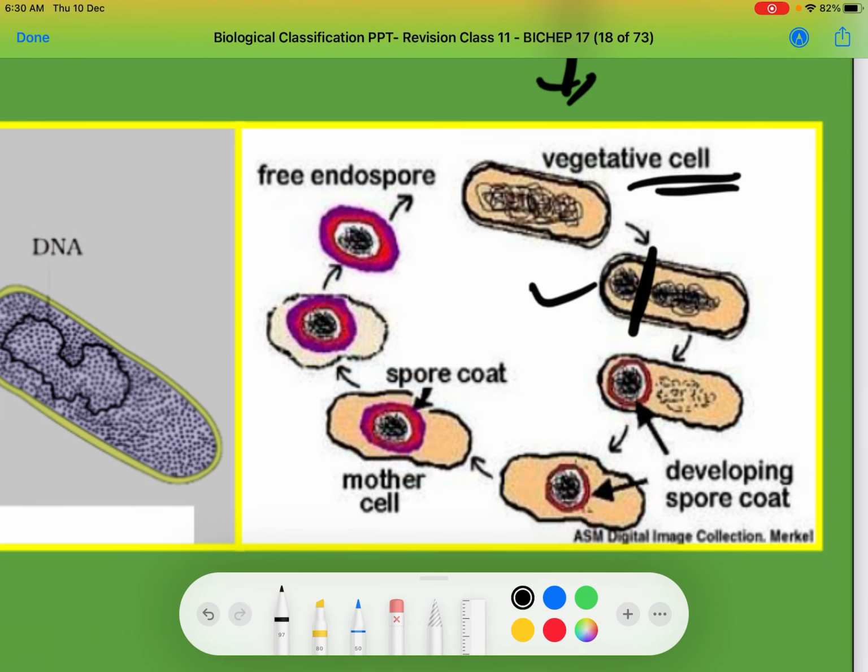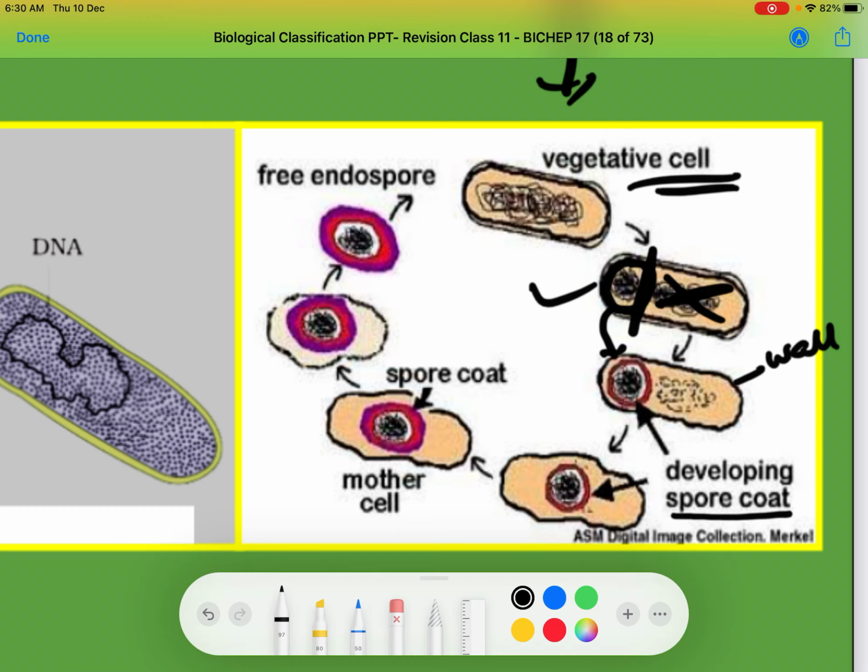One half is denatured automatically, so only one part is left inside the cell. This is the cell wall. This is the cell membrane. So the cell membrane is converted into a coat, right?